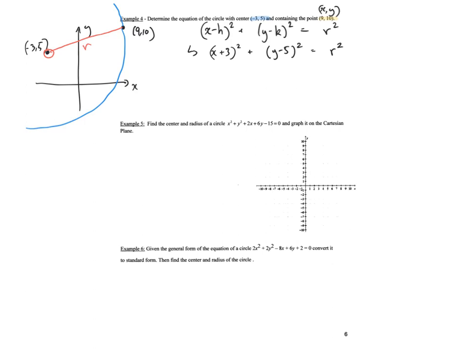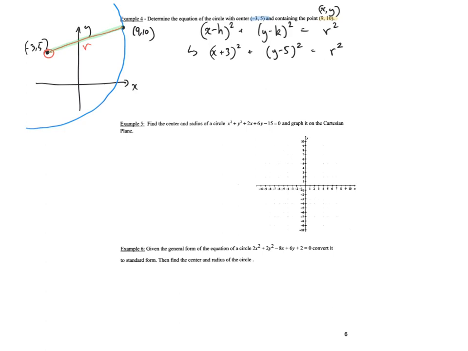We can substitute this into the equation that we just wrote down and solve for r. Now you could use the distance formula to calculate the length of this line segment, and that would give you your r, but the distance formula is already wrapped up in the equation that we've written down for this circle, so we may as well just use that to be a little bit more streamlined.